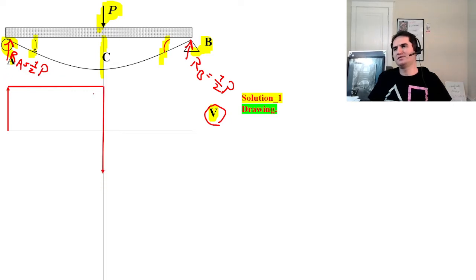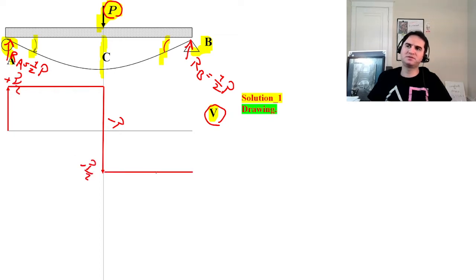Then all the way to the center there is nothing from A to C, and all of a sudden a downward step with the exact amount of the concentrated load. So that's a negative P, and a positive P over 2, so now we are at a negative P over 2. Then from C to B there is nothing, so a constant line, and all of a sudden the support at B brings us back to 0 by half of the applied force.